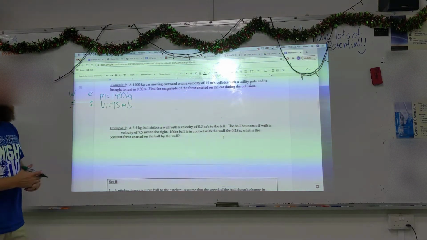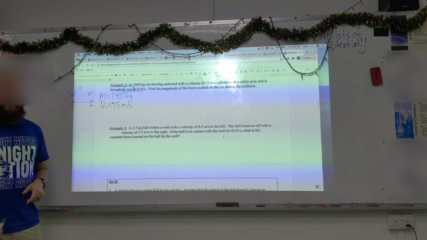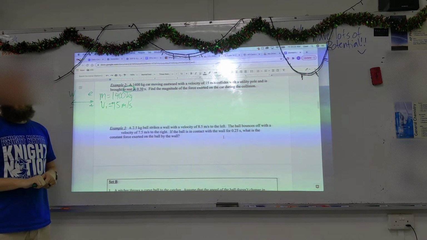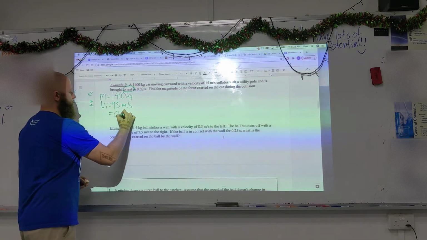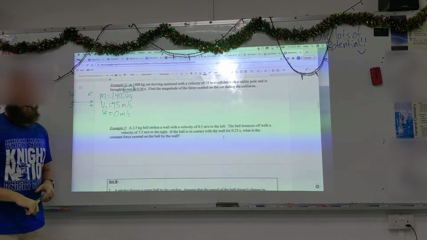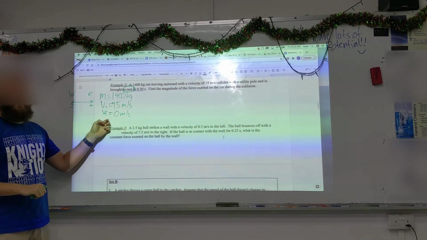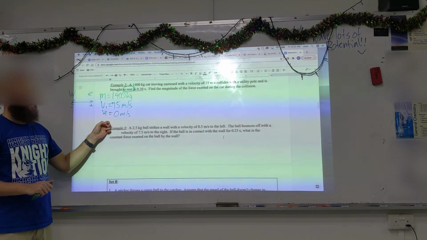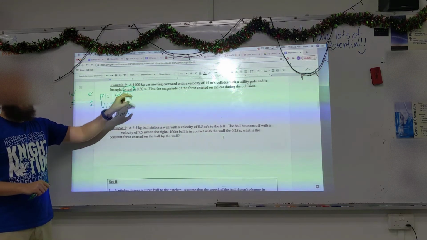Okay? Now it is brought to rest. What velocity is rest? Yes. The velocity that is rest is 0. Okay? So that needs to be my final velocity is going to be 0. Okay? Now, what is another variable they tell me? What's that last variable? Yes, the last variable is going to be time.